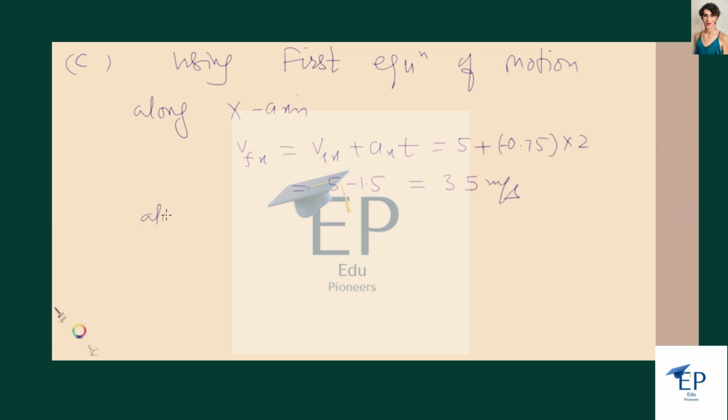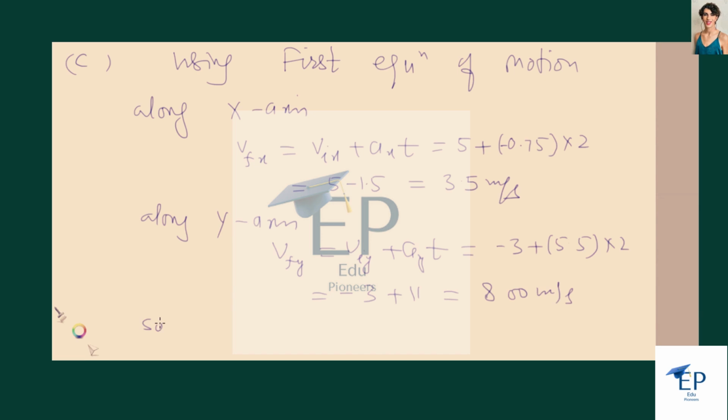Similarly, along the y-axis, it becomes Vfy is equal to Viy plus ay t. So this is minus 3 plus 5.5 into 2, or we can say this is minus 3 plus 11, which becomes 8.00 meter per second.